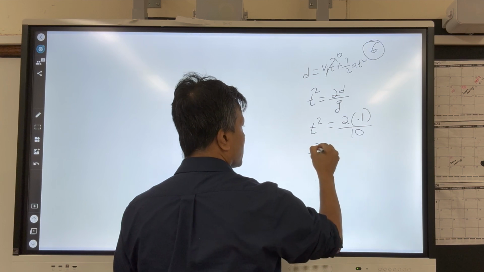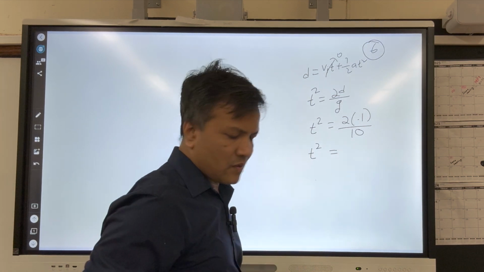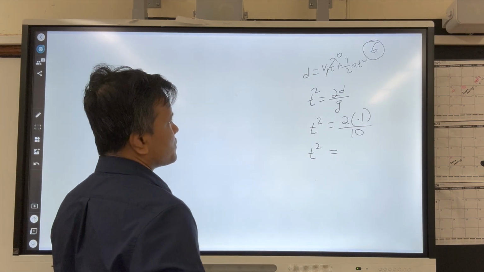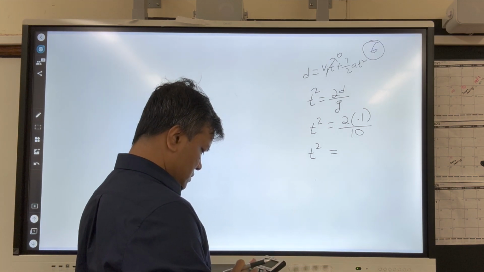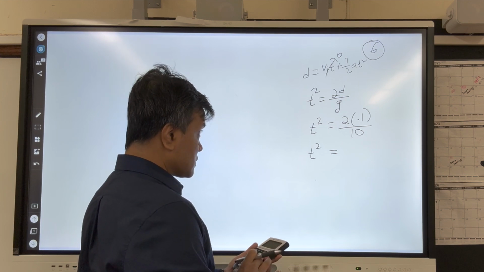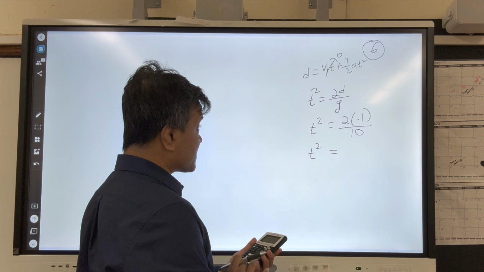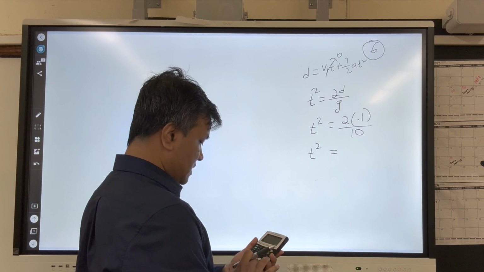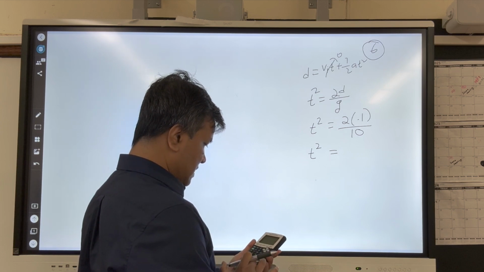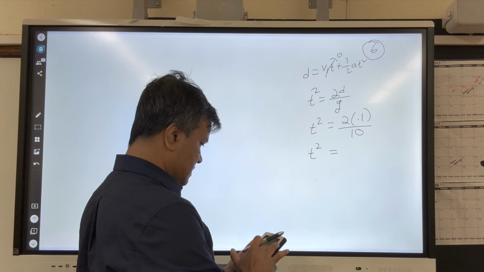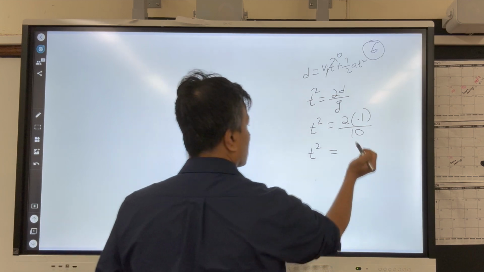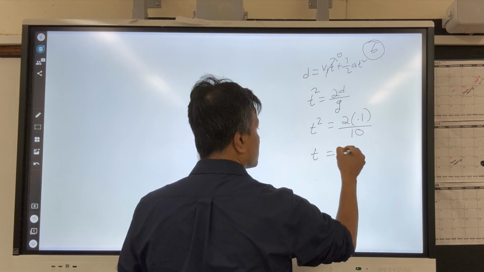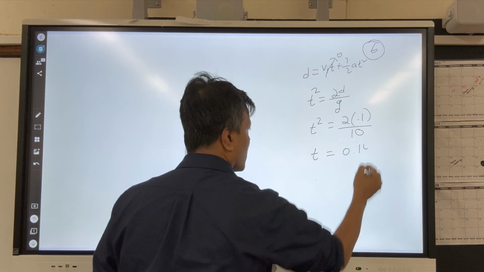So T squared is equal to 0.2, so T is the square root of 0.2. So 2 times 0.1 divided by 10, and the square root of that would give you 0.14. So T is 0.14. Okay.